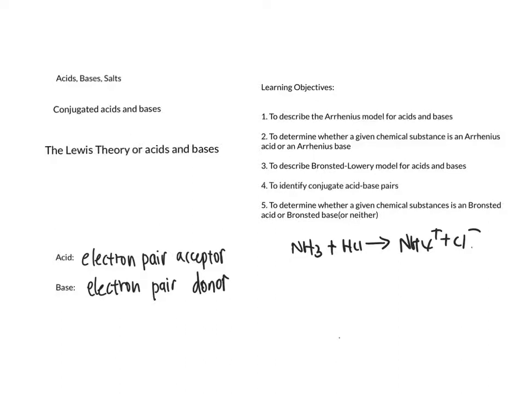Chlorine is more electronegative than hydrogen, and that means that hydrogen chloride will be a polar molecule. The electrons in the hydrogen chloride bond will be attracted towards the chlorine end, leaving the hydrogen slightly positive and chlorine slightly negative. The animation would look like this.